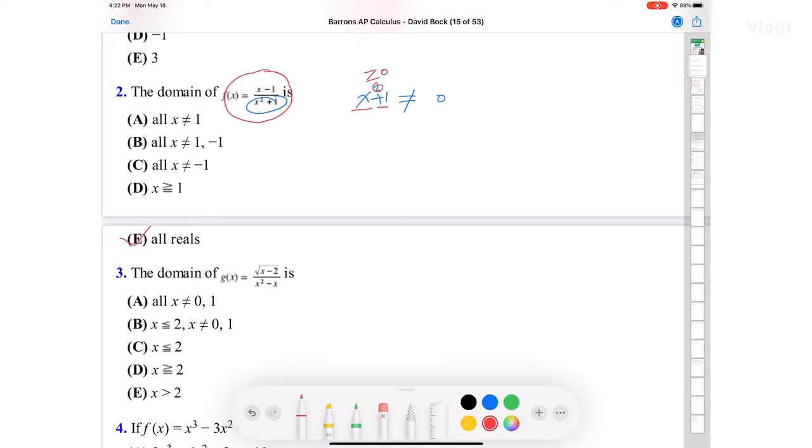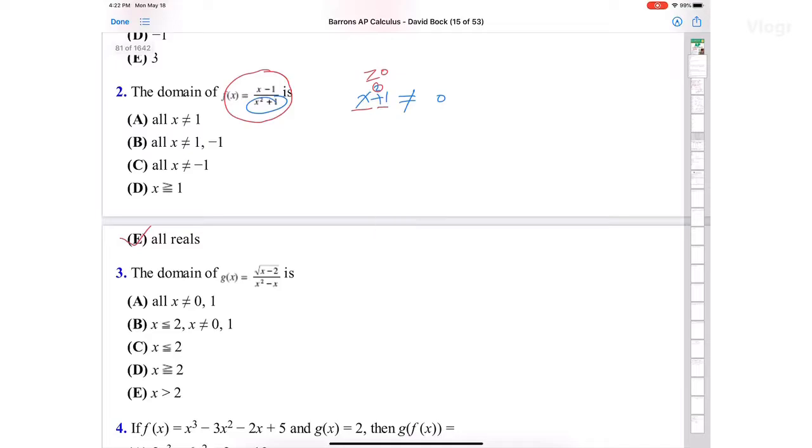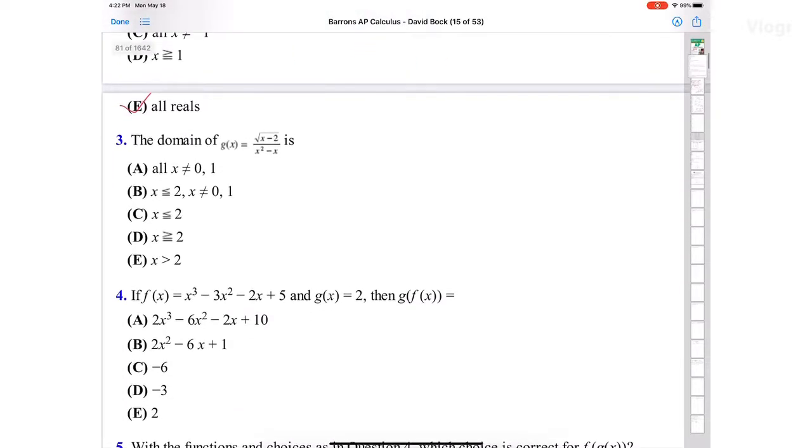Number 3 is finding the domain again of g(x), and that g(x) is basically a rational function form but including a radical function. So to find the domain of this type of function, we have to consider two things, the radical part and the rational part. For the rational part, I just explained how to find a rational function's domain, that is basically all real numbers except zeros of the denominator.